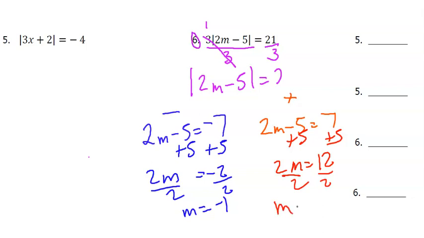And we get m equals 6 and m equals negative 1. You won't have to check for extraneous solutions because there's no variables on the outside of your isolated absolute value equation, and this 7 is positive. So we'll go ahead and write those on the blanks. So we have a real solution for m equals negative 1 and a real solution for m equals 6.